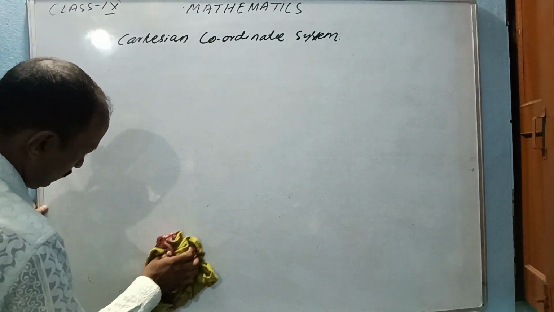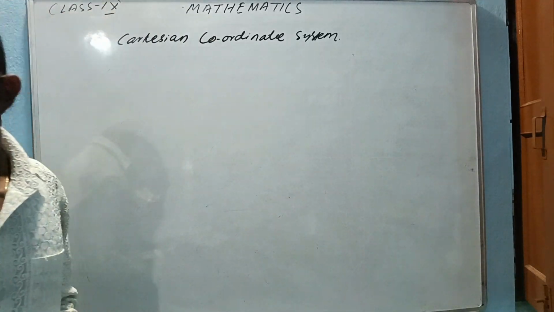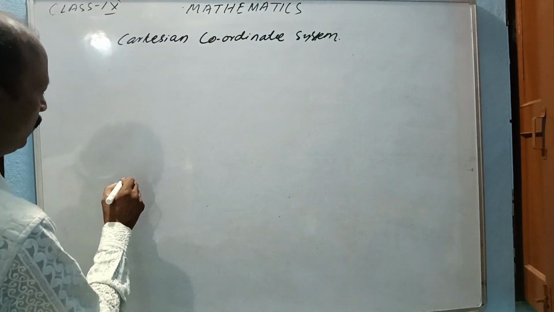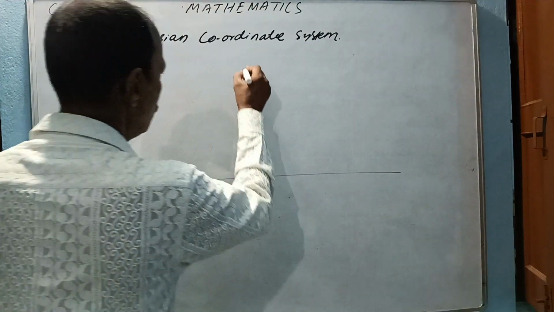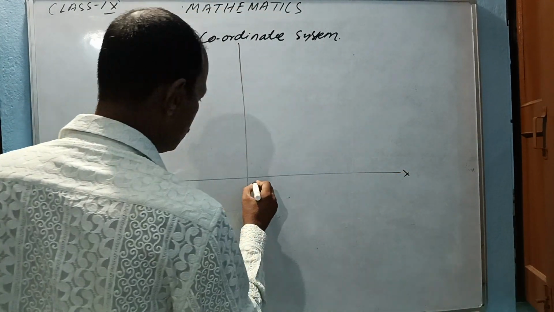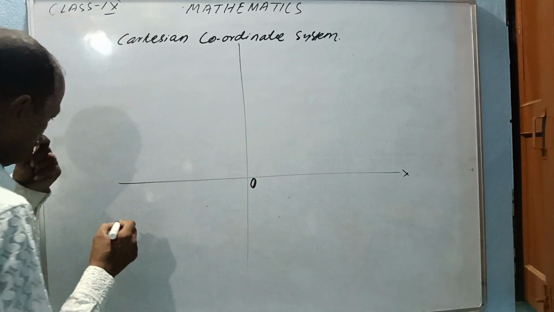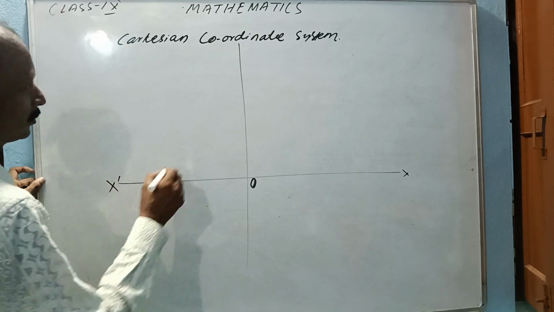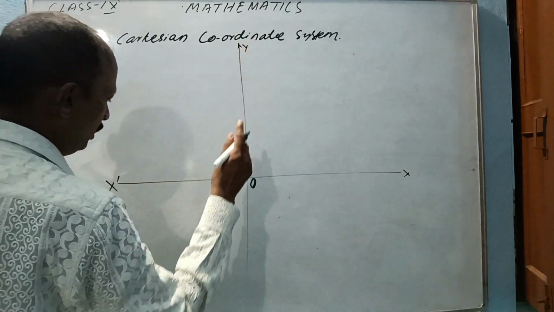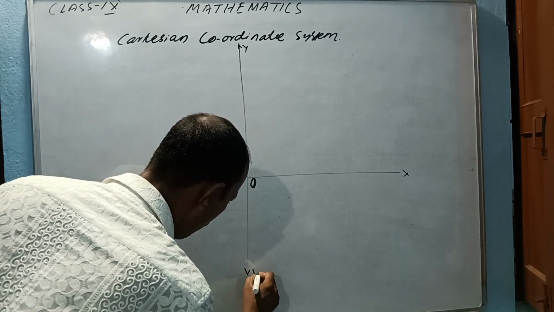At first, on the graph paper we have to draw two mutually perpendicular lines. This is x, O is the origin. This is x dash, this is y, this is y dash.